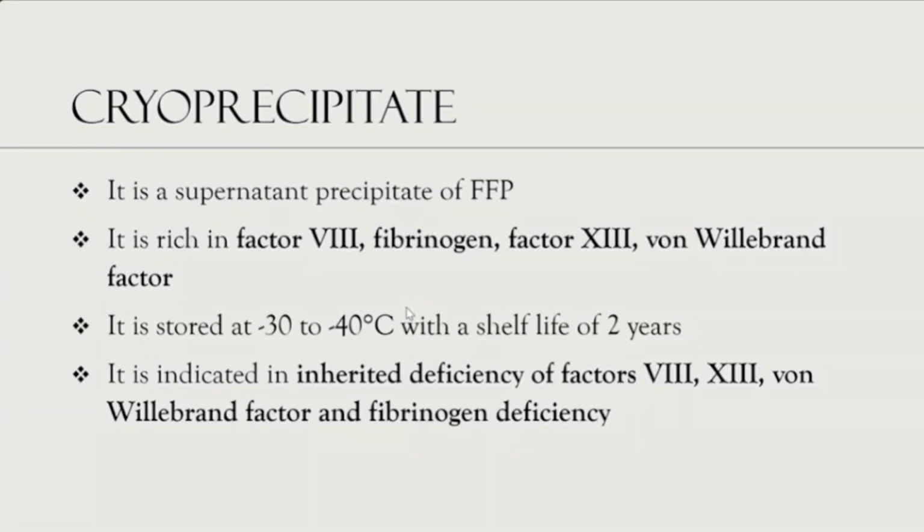So we go to the cryoprecipitate. Cryoprecipitate is a precipitate of the fresh frozen plasma. When you thaw that fresh frozen plasma, you get that precipitate, which is the cryoprecipitate. And that cryoprecipitate is rich in factor VIII, mainly fibrinogen, factor 13, and von Willebrand factor.